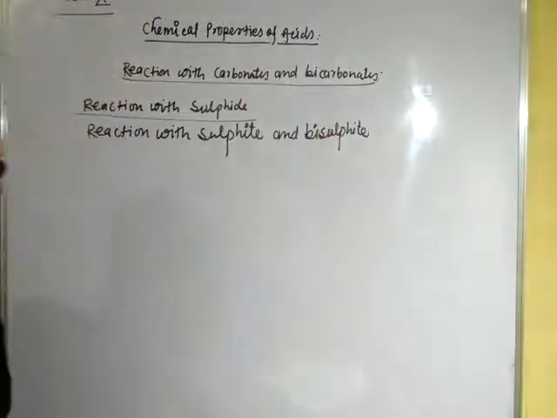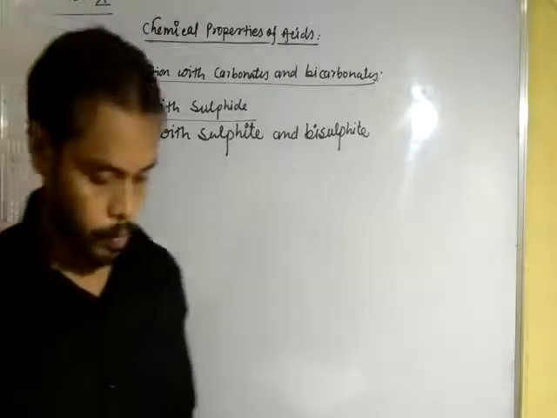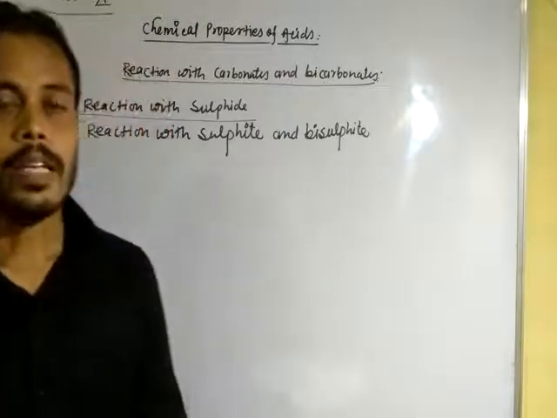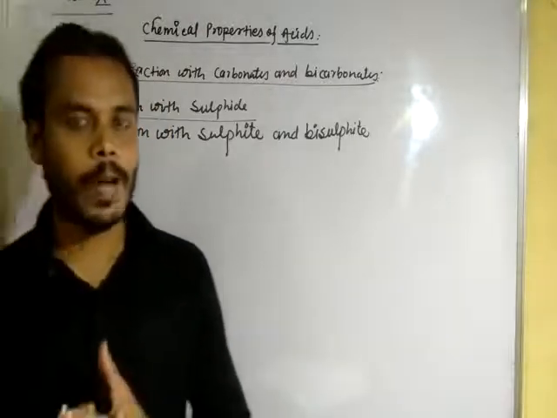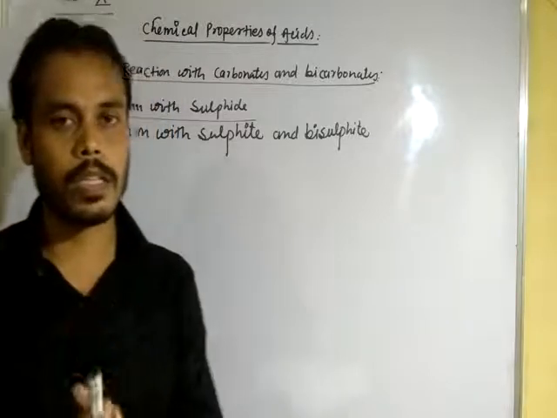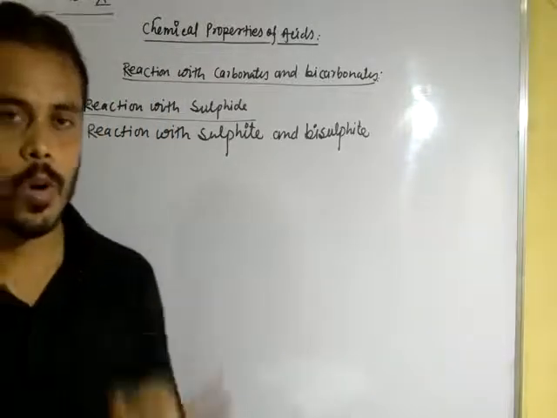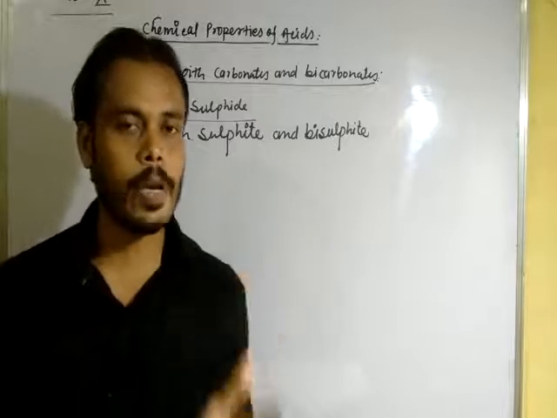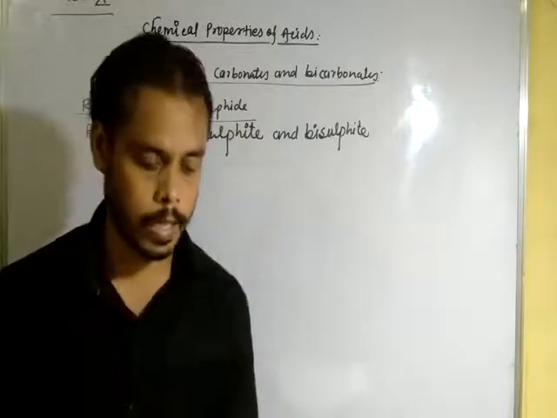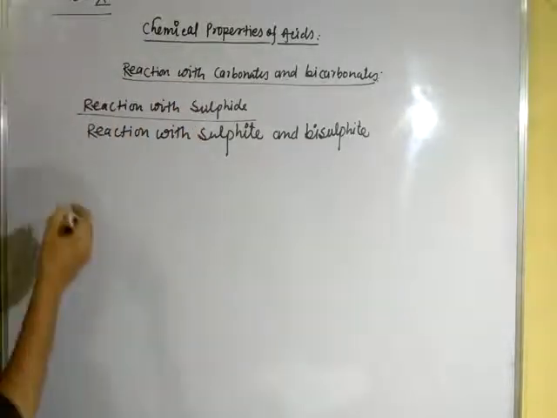Sulfite and bisulfite. When metallic sulfite or bisulfite is treated with acid, it forms salt and water and liberates sulfur dioxide gas. See here.